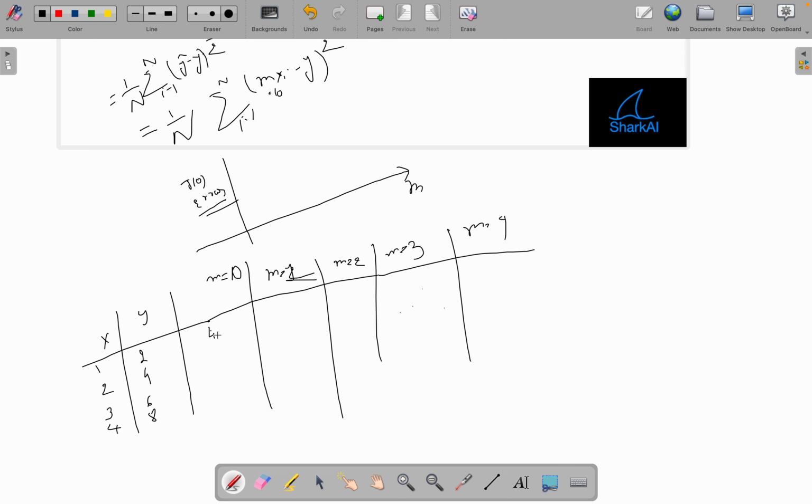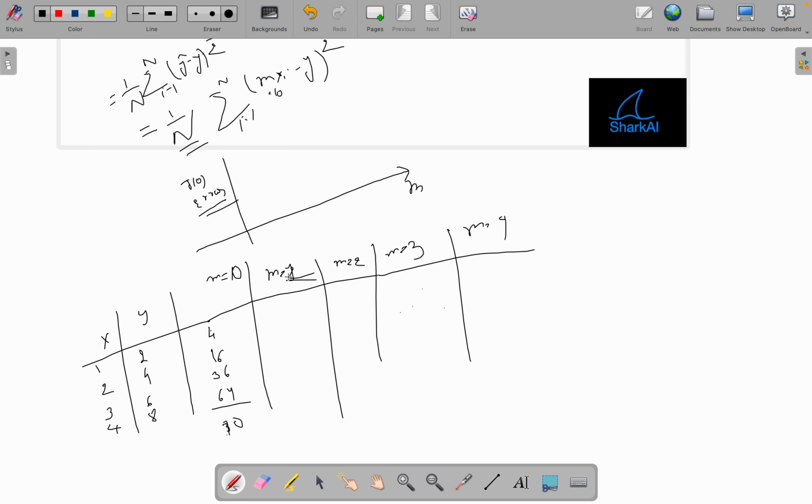So 2 square 4, 4 square 16, 6 square 36 and 64. Okay. And divided by 4, since we have 1 by n, so when m is equal to 0, it will be 30.